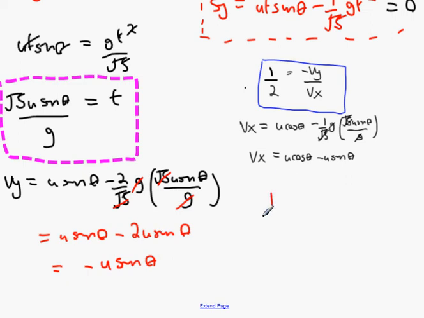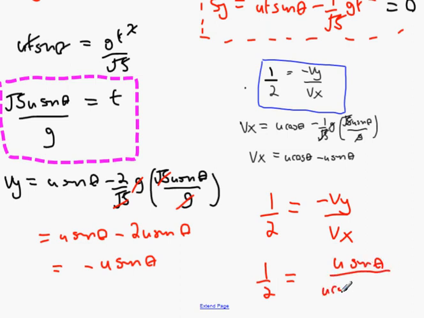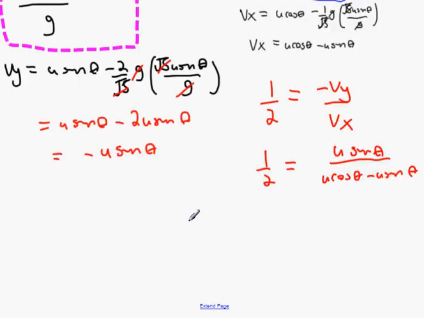Now, a half equals minus phi y over phi x. A half will equal u sine theta divided by u cos theta minus u sine theta. Okay, cross multiply.